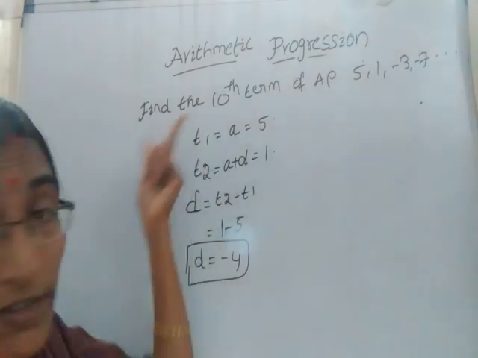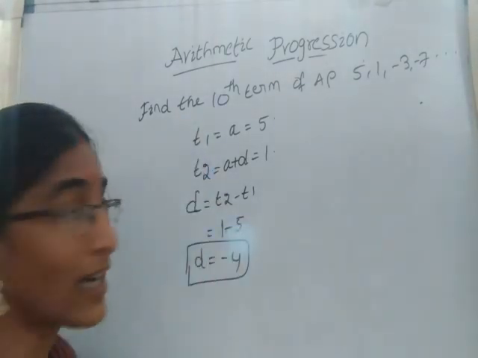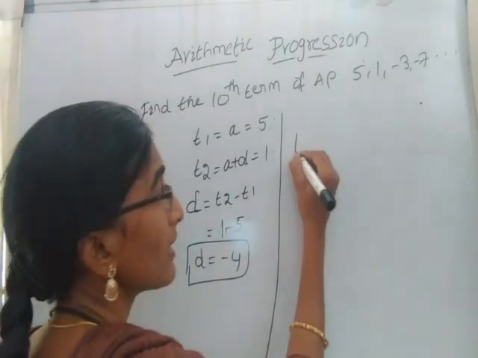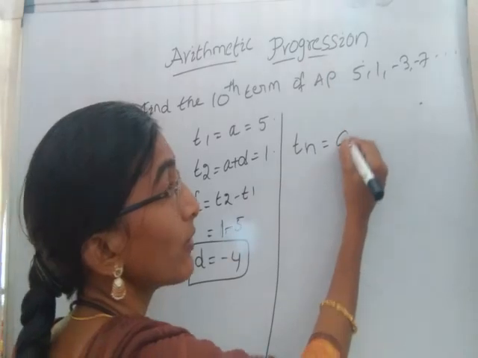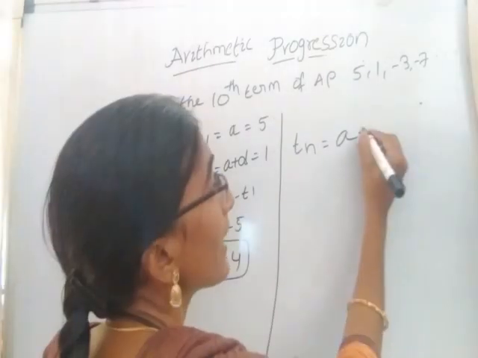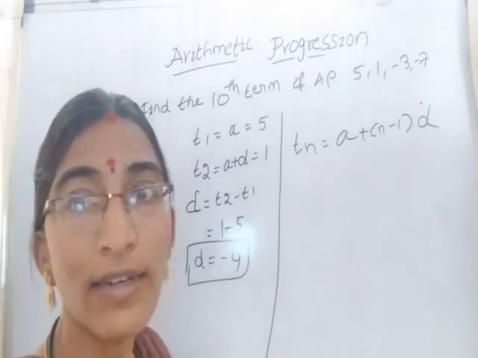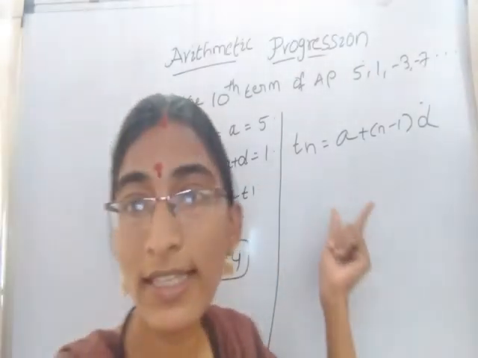Now they ask us to find the 10th term. For finding the 10th term, first write the nth term. How to represent the nth term? Tn is equal to a plus n minus 1 into d. Here we have to find the 10th term, so substitute 10 in place of n.